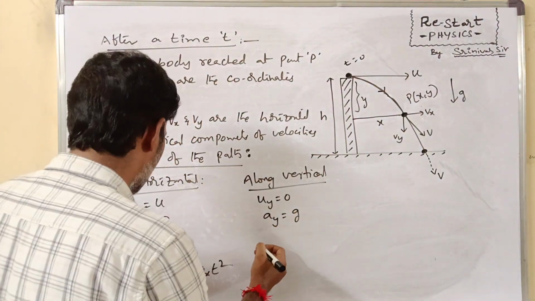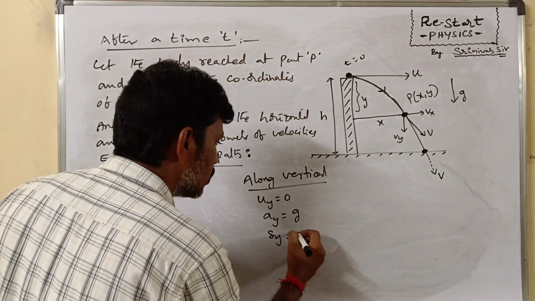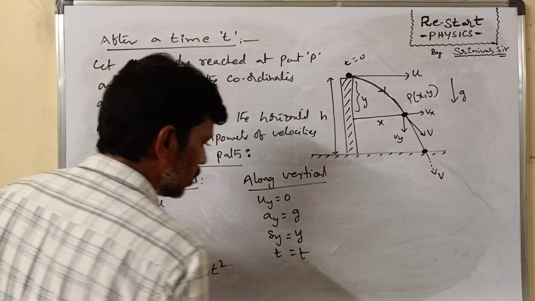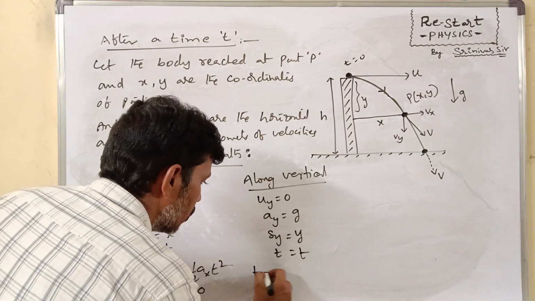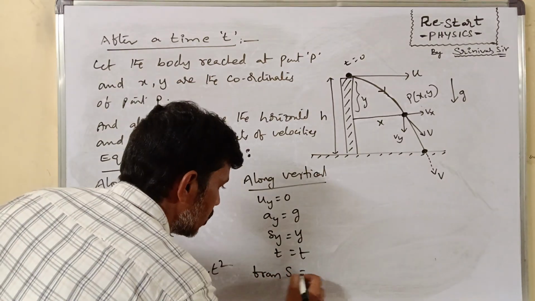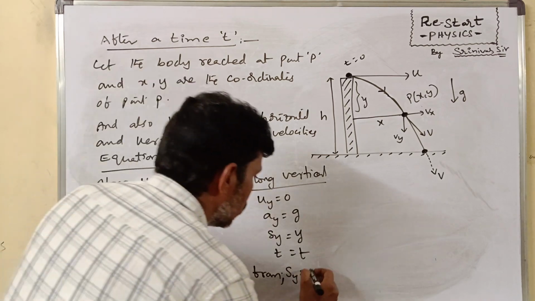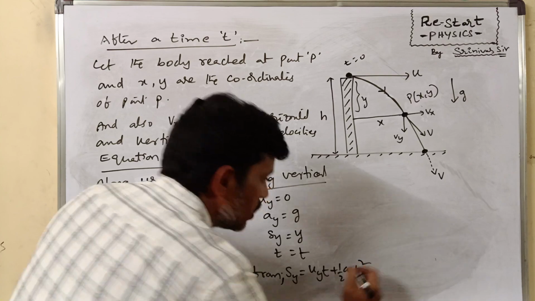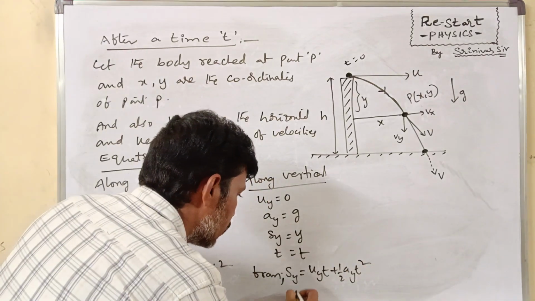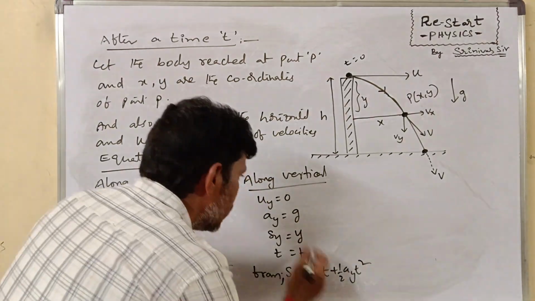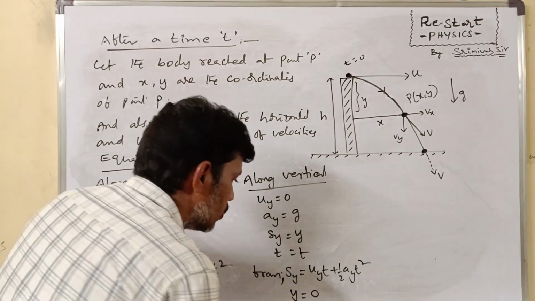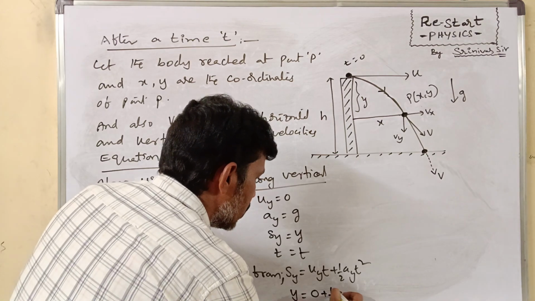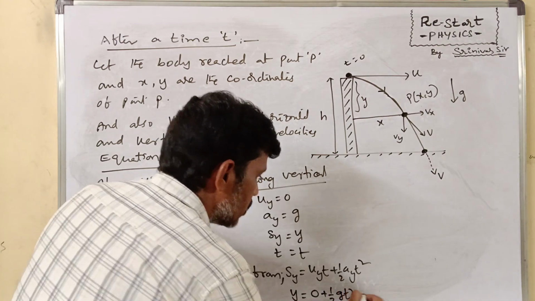So acceleration due to gravity is acting downward, and the body is also moving downward. Right? So ay is equal to g, and sy is equal to y, and time t is equal to t. Again from the equation sy is equal to uyt plus half ay t square, sy means y. Y is equal to uy means 0 into t, 0, and in place of ay is g, t square.